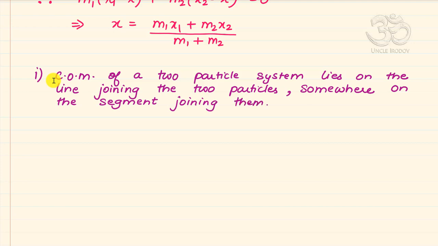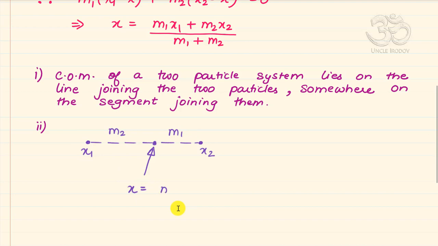And the second one is the use of section formula. So this is something that you've already learned. If you have a point x1 and another point x2, and you try to divide the line segment joining these two in the ratio of m2 is to m1, then the point that will do so, its x coordinate will be, you know that m2 will go with x2 and m1 will go with x1.